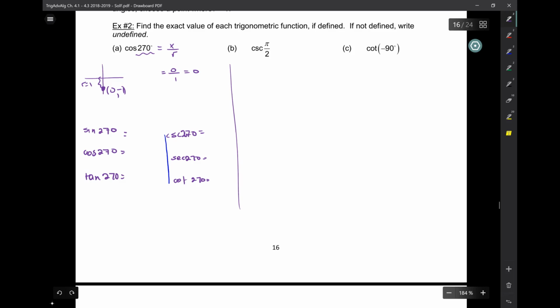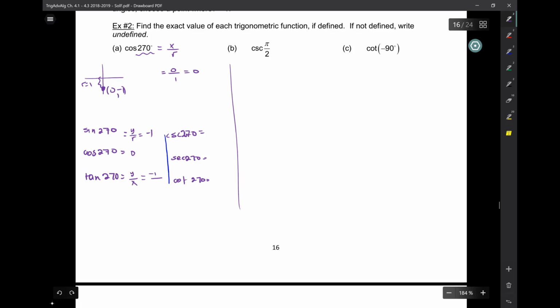Who came up with a sine of 270? Anybody? I have a negative 1. It's y over r, negative 1. Cosine we said was 0. Tangent is y over x, so how much is that going to be?